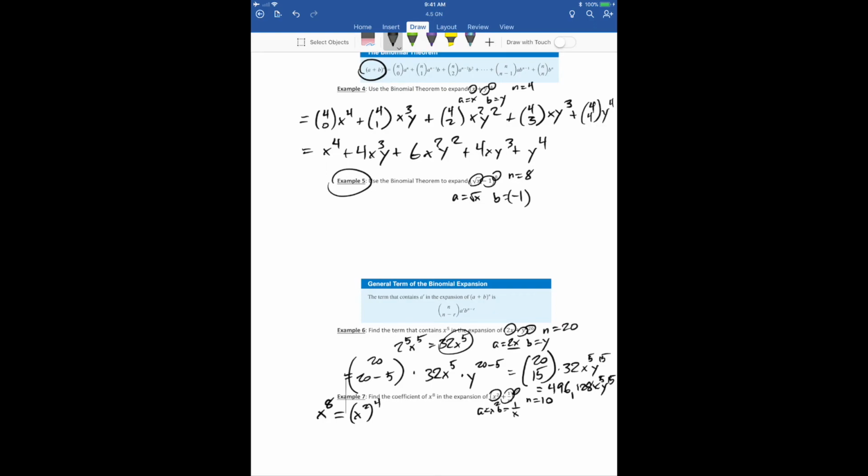Where r is 4. But b is 1 over x. So that means I'm dividing out some x's. If r is 4, then that means b is going to be raised to the 6th power. So that's actually not going to give me what I want.